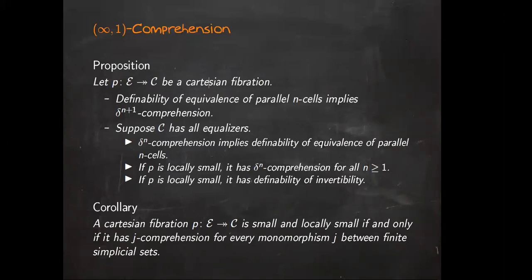And vice versa, if it is locally small, we see that it has delta n comprehension for all higher n, and smallness gives you the comprehension for the empty set to the terminal object. But every monomorphism is built by cells of these, right? It is built by pushouts of finite compositions of these things. And in the prior lemma, we have seen that the class comp P is closed under those.